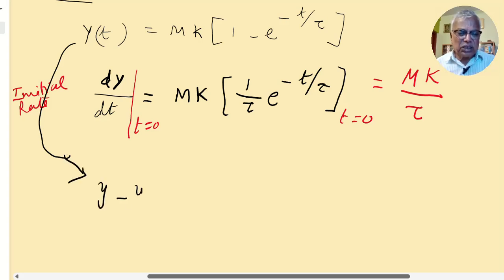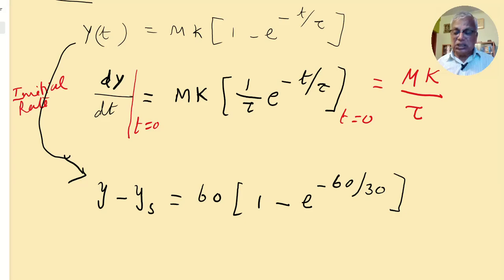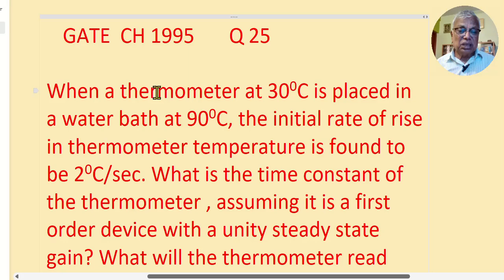Y minus ys equal to m is 60, k is 1, into 1 minus e power minus t by tau, after 1 minute. So 1 minute is 60 seconds and tau is 30. And ys is how much? The initial steady state temperature of the thermometer as well as the surrounding is 30, right?